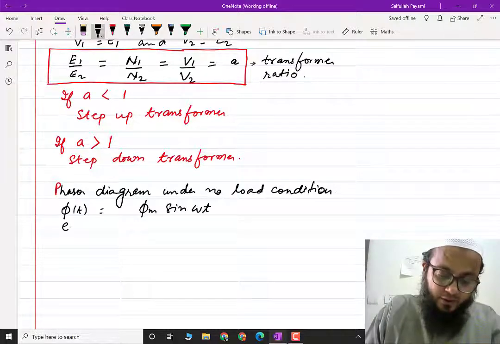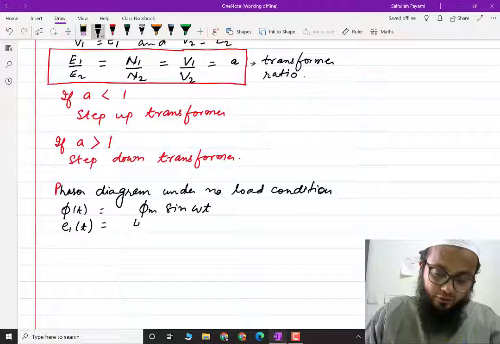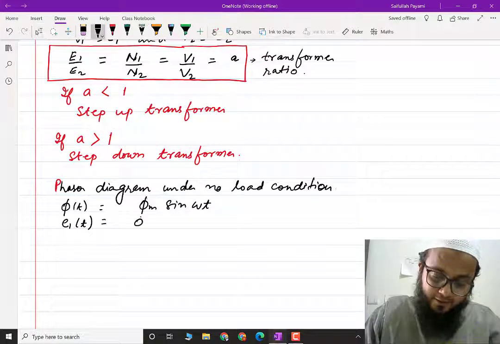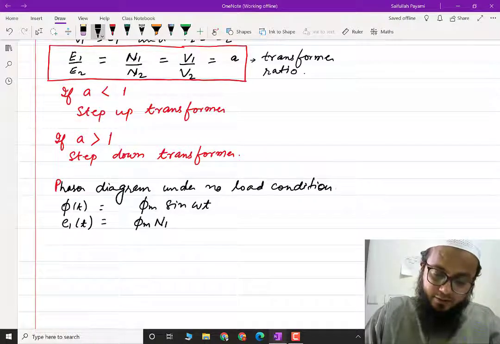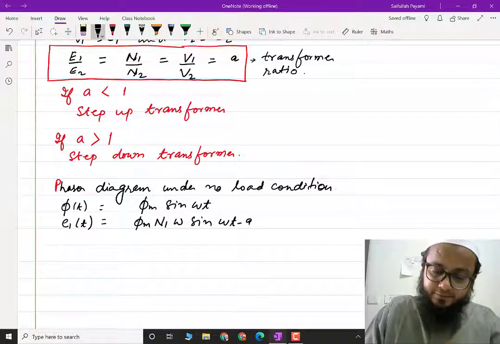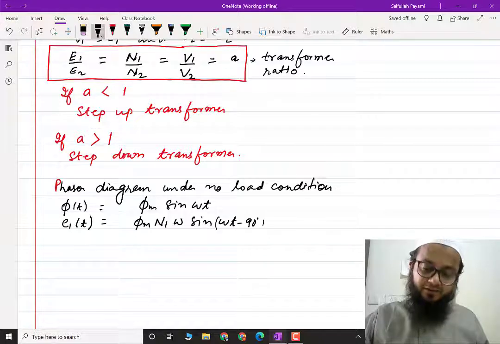Then E1(t) was phi m N1 omega sine of omega t minus 90 degrees. So this omega is 2 pi f.